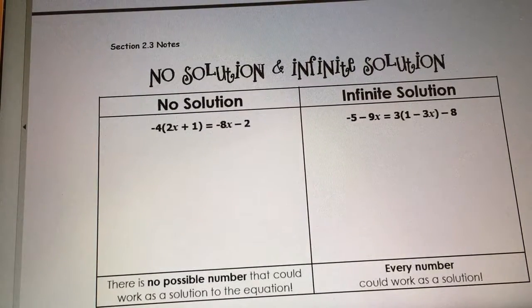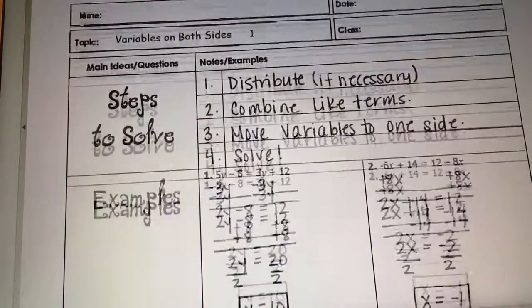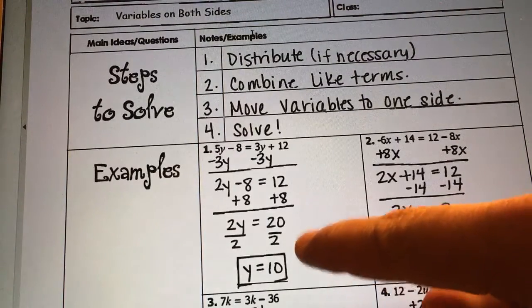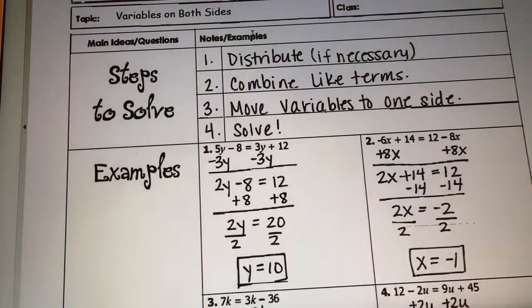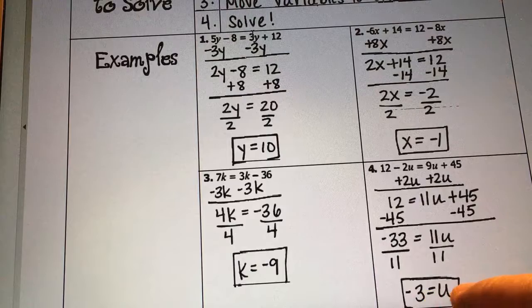So, the point of section 2.3 is that sometimes when you go through all those steps, something weird happens. You end up with something that isn't normally what we get. Normally we get something where our variable equals a number, like y equals 10, or x equals -1, or k equals -9, or -3 equals u.